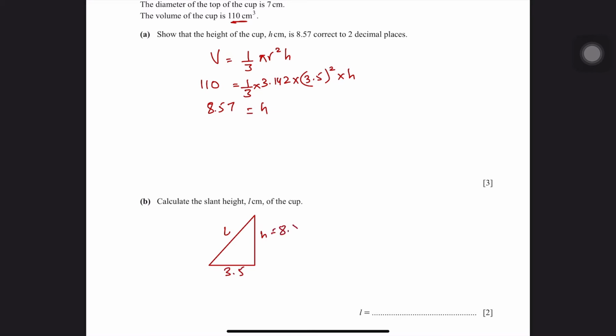So h came out as 8.573, or I can call it 8.574. That should be enough. So l squared equals 8.574 squared plus 3.5 squared. It gives me 9.26 as l.